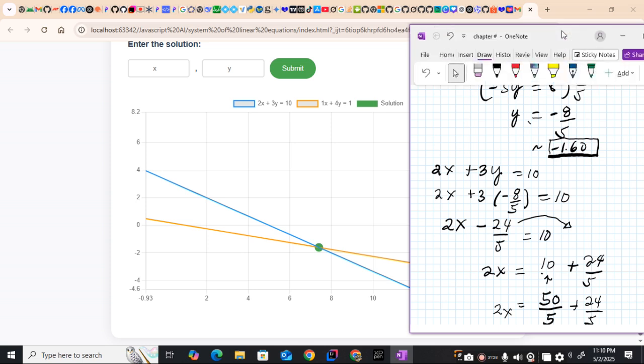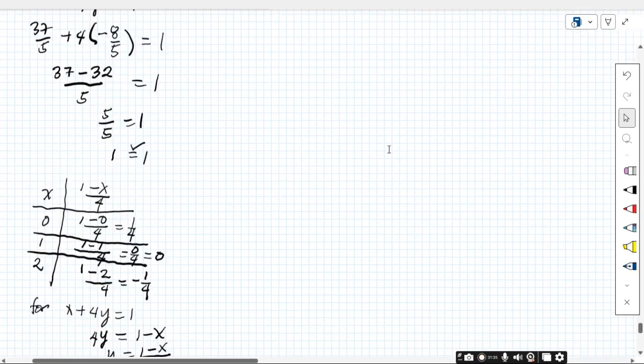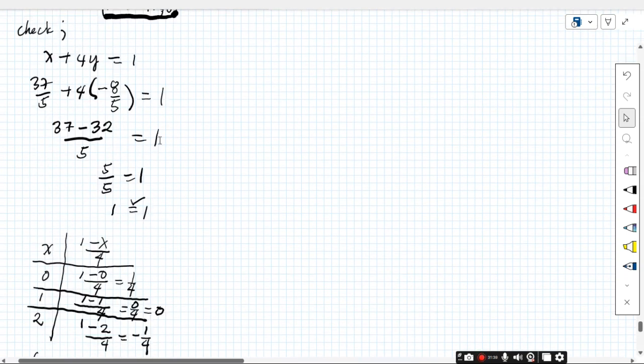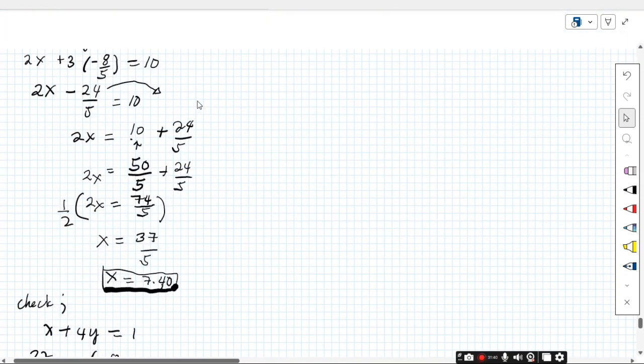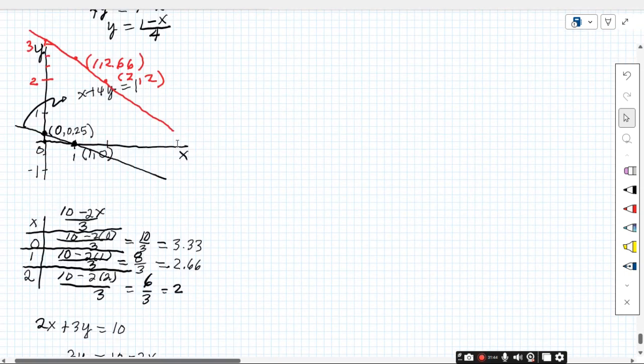So let me make our note larger so that we can draw better. It happens that this is 7.4 and negative 1.6, so it's quite long. So we have to extend this a little bit.